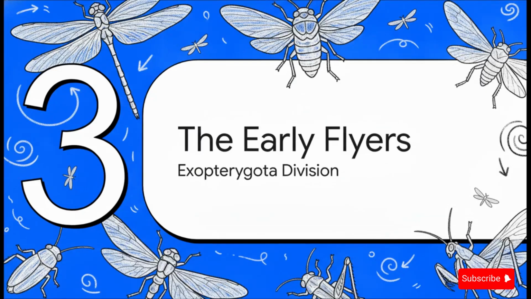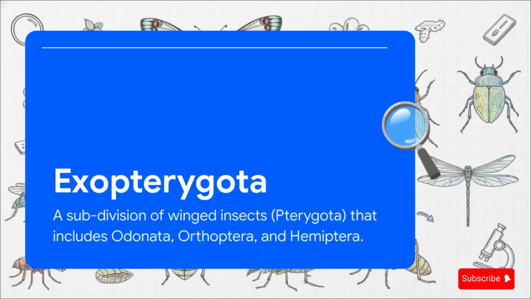Section 3. The early flyers. We're moving up the evolutionary ladder now to the Pterygota class, the winged insects, starting with a massive division known as Exopterygota. Now, this definition is absolutely key to understanding the rest of this explainer.